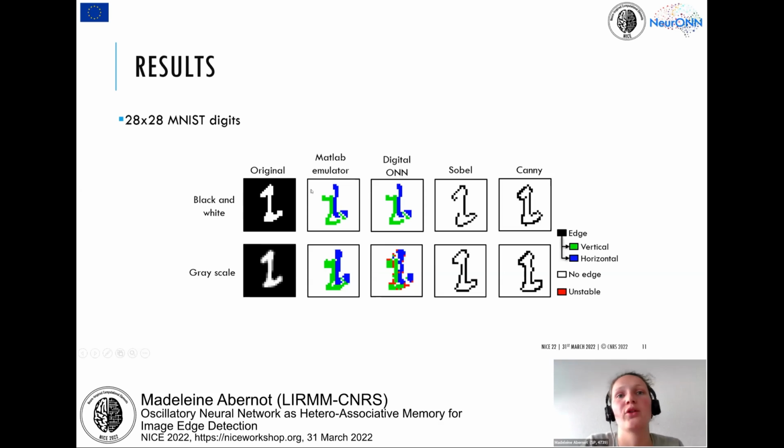This is a problem, for example, if we treat grayscale images, but also noisy images, because we will detect all the noise as an edge, but it's not an edge. So we should maybe include, as the Canny algorithm does, a first layer to remove the noise and then apply our edge detection algorithm.